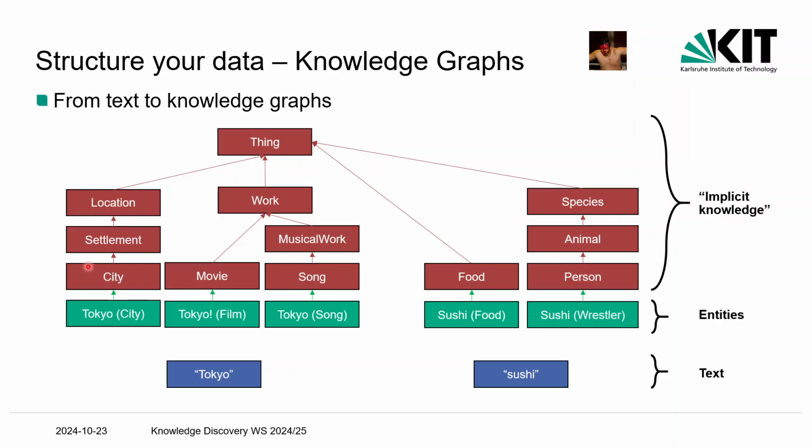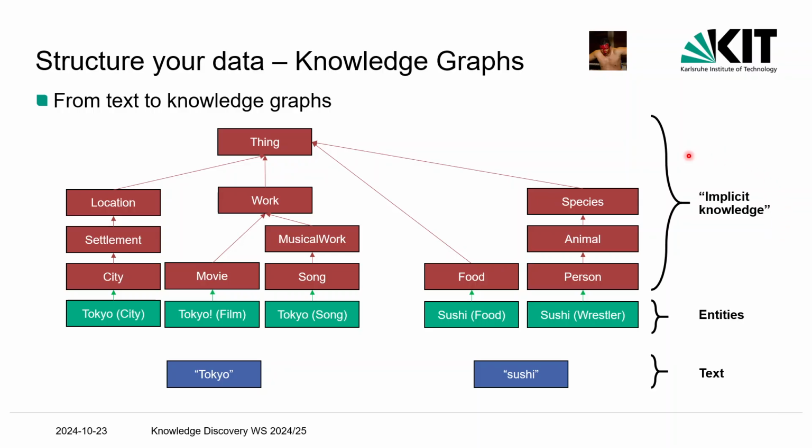So there's a kind of hierarchy going on here that, okay, you have a movie, like Tokyo Film, it's a movie, which is a kind of work, and work is a thing. The idea is that everything is a thing within a knowledge graph, and this is what we refer to here as more implicit knowledge, where we can actually deduce things to a certain degree by having interconnections, and this is where so-called ontologies also come in.